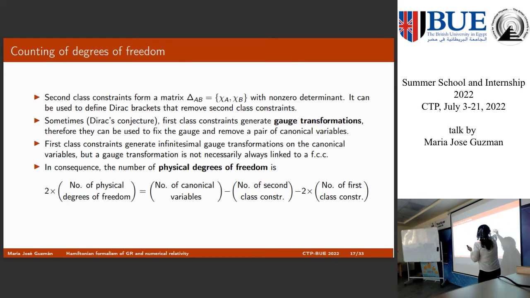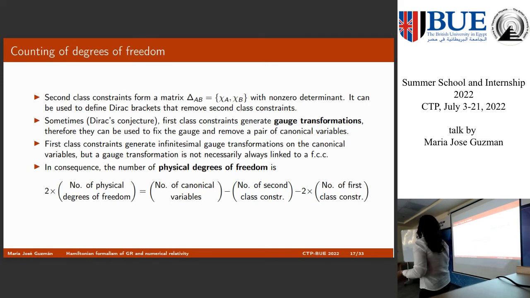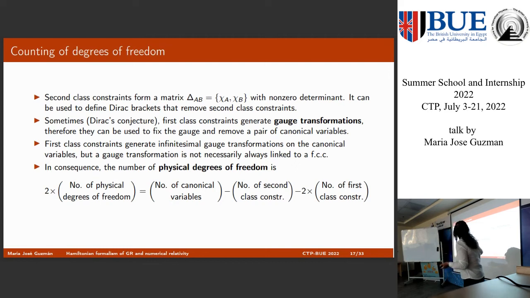They produce gauge transformations. You probably know about the concept of gauge transformation. We will see very soon an example in electromagnetism, but gauge transformations, for instance in general relativity, are the change under coordinate transformations. Diffeomorphism invariance is a sort of gauge transformation.